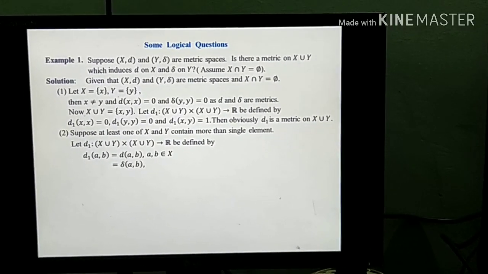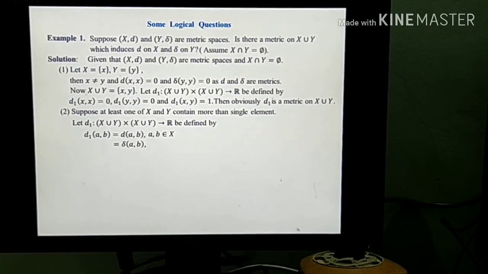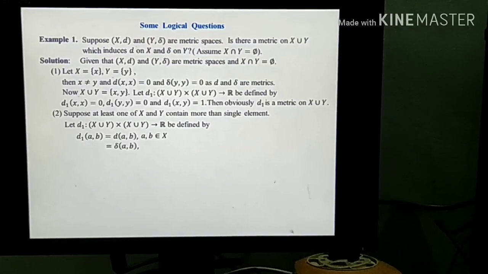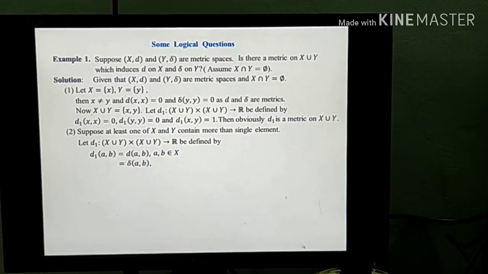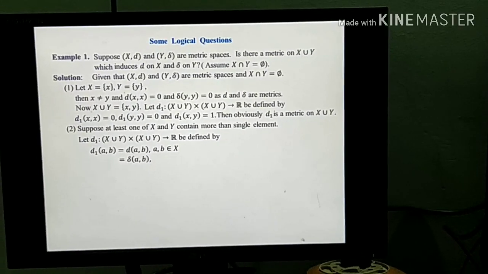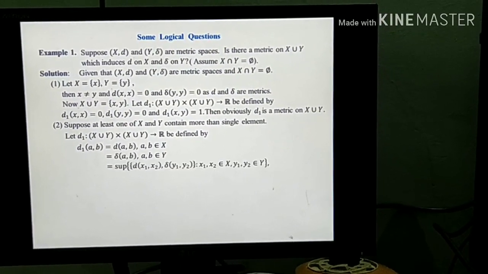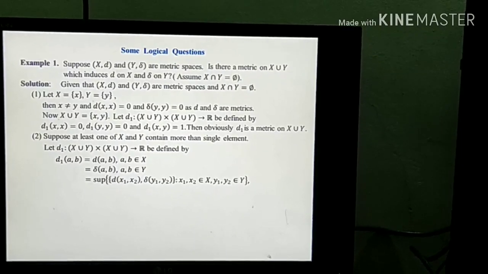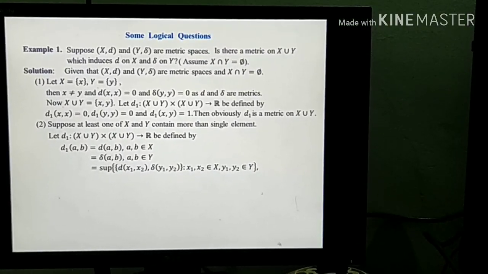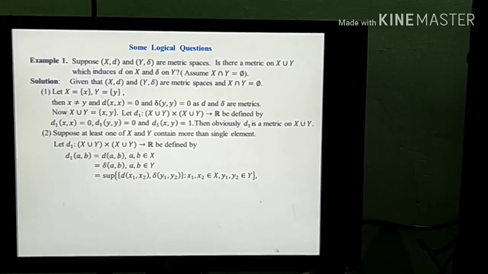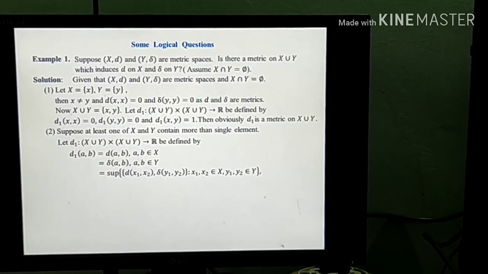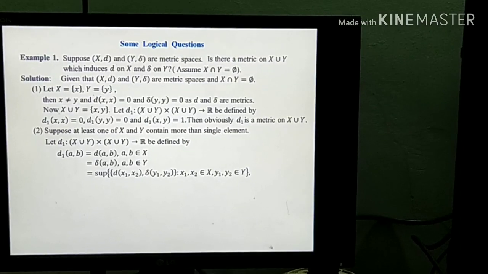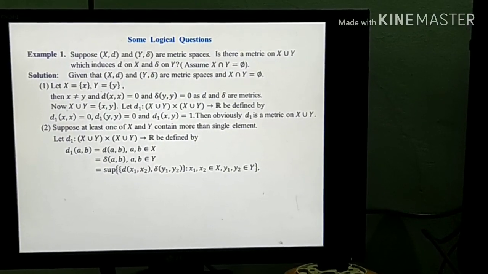Now the most challenging thing is when A and B belong to different sets X and Y. Then you have to take the supremum of all the possible distances between the elements of X as well as between the elements of Y. It is equal to the supremum of d(x1,x2), delta(y1,y2), where x1, x2 belong to X, y1, y2 belong to Y. And you can easily verify that this d1 again satisfies all four properties of a metric, and therefore it is a metric on X union Y. Hence the answer to this question is yes.